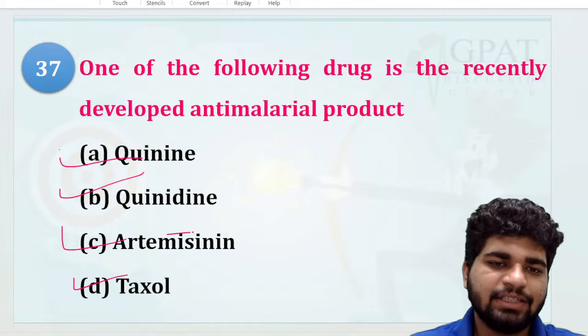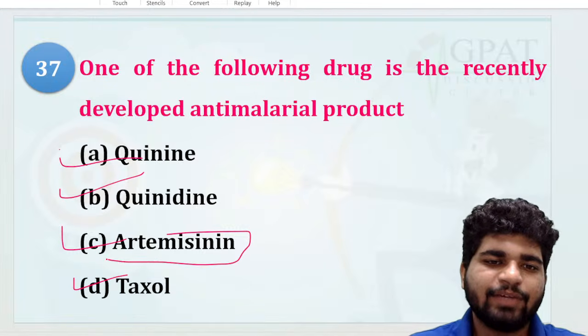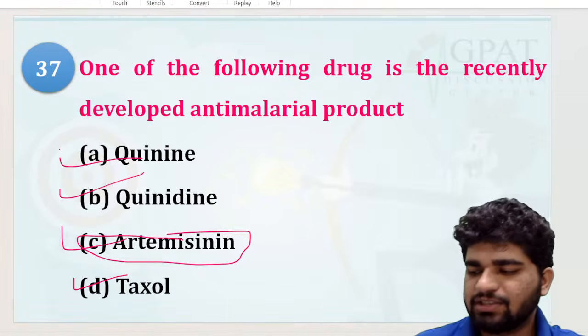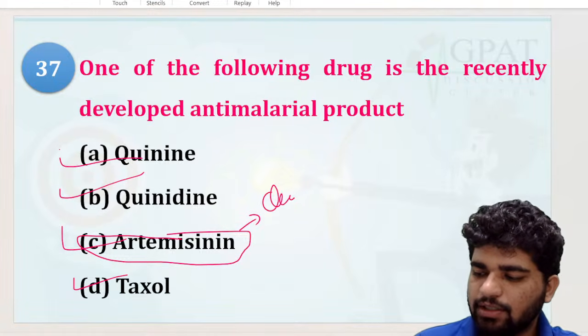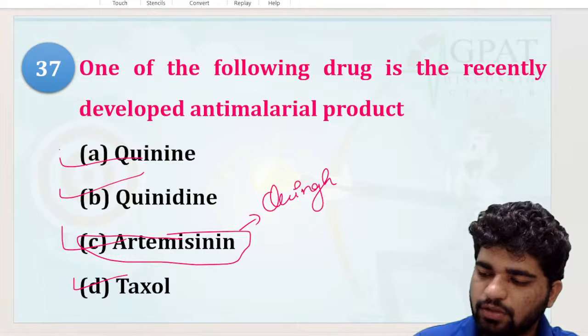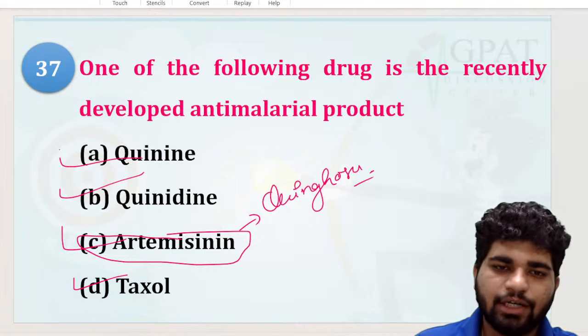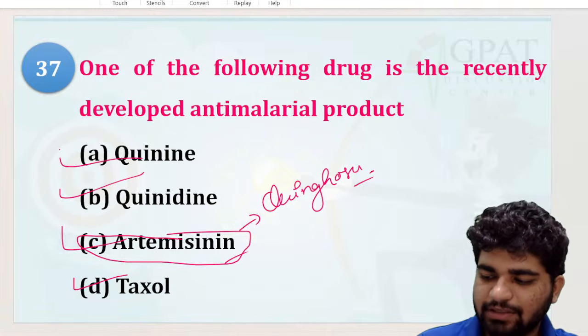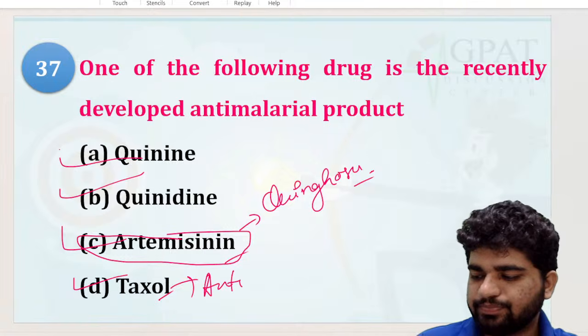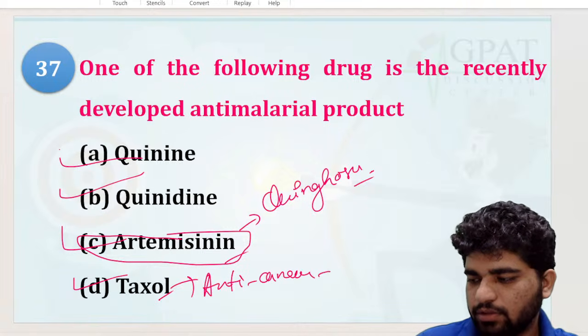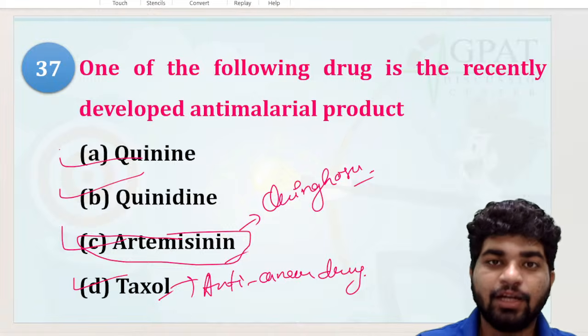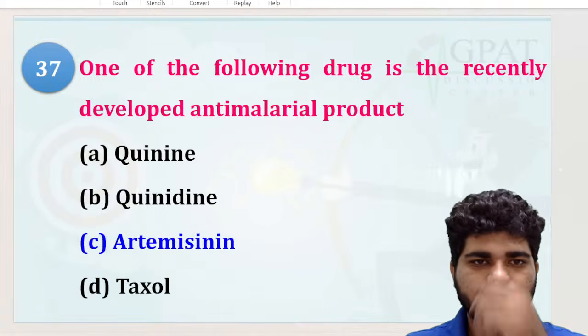Artemisinin was recently developed by the Chinese, Qinghuosu. In their regional term, they used to call it Qinghuosu. So C, artemisinin, is going to be your correct answer. Taxol is nothing but your anti-cancer drug, from the Himalayan yew tree. I don't know if you remember.